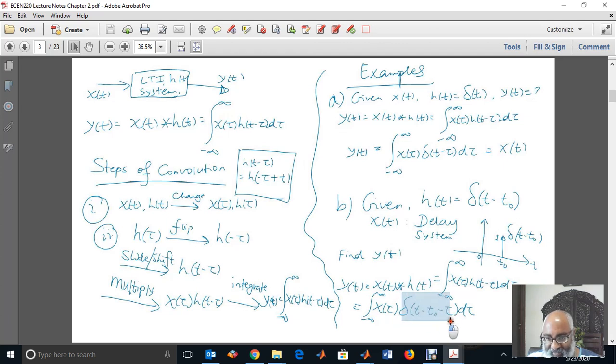But this one has value at tau equal to t minus t naught. At tau equal to t minus t naught, it is infinity. All other places it is 0. So at tau equal to t minus t naught, x tau will have x of t minus t naught. Then it will come out of the integration because it will be independent of tau.